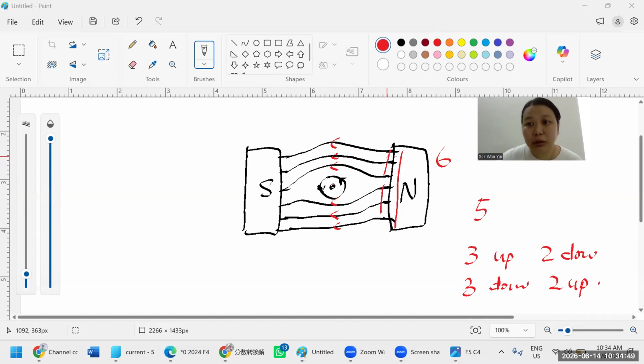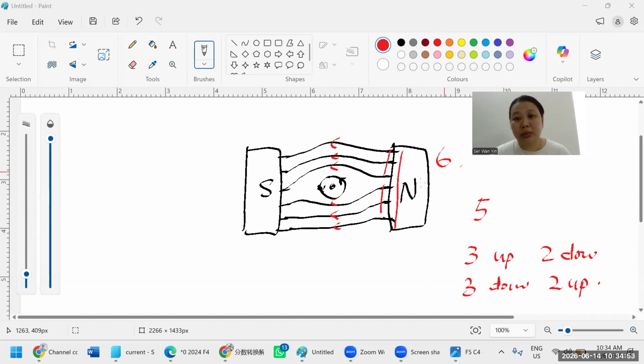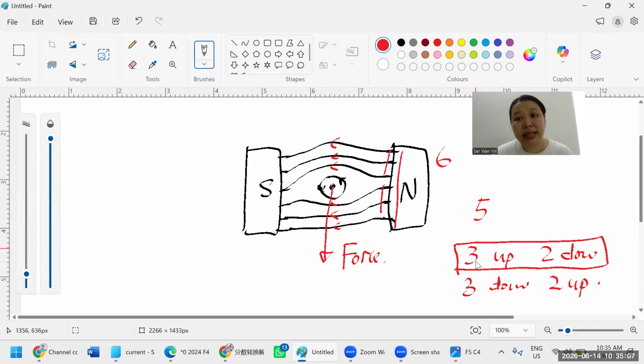You must show where it will go. Actually, it will go down. But if you show 3 lines up, 3 lines down, we can't see the difference. If 3 lines up, 2 lines down, we can see 3 is more than 2. Then it will push down, to show where the force is.